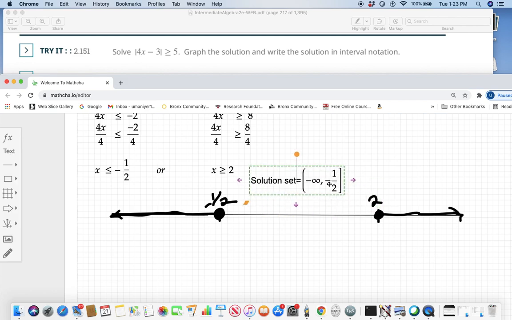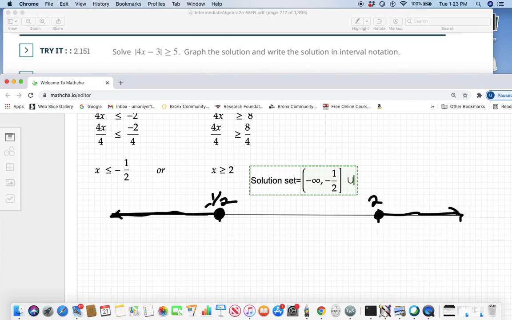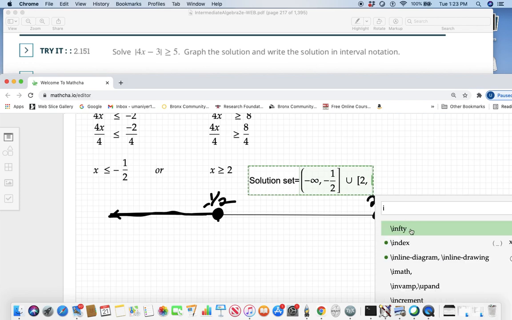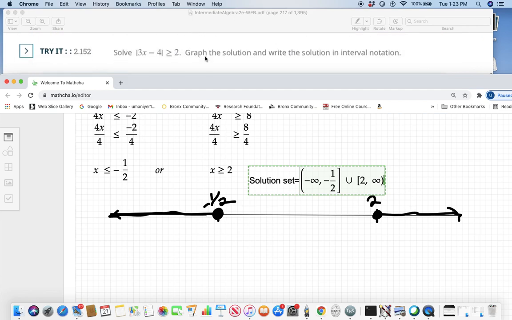You notice why it's a bracket? Because that's included. And then union. You're starting at 2 and it is included, so bracket 2 until infinity. Infinities are always parentheses. That's your solution set. Try one more.